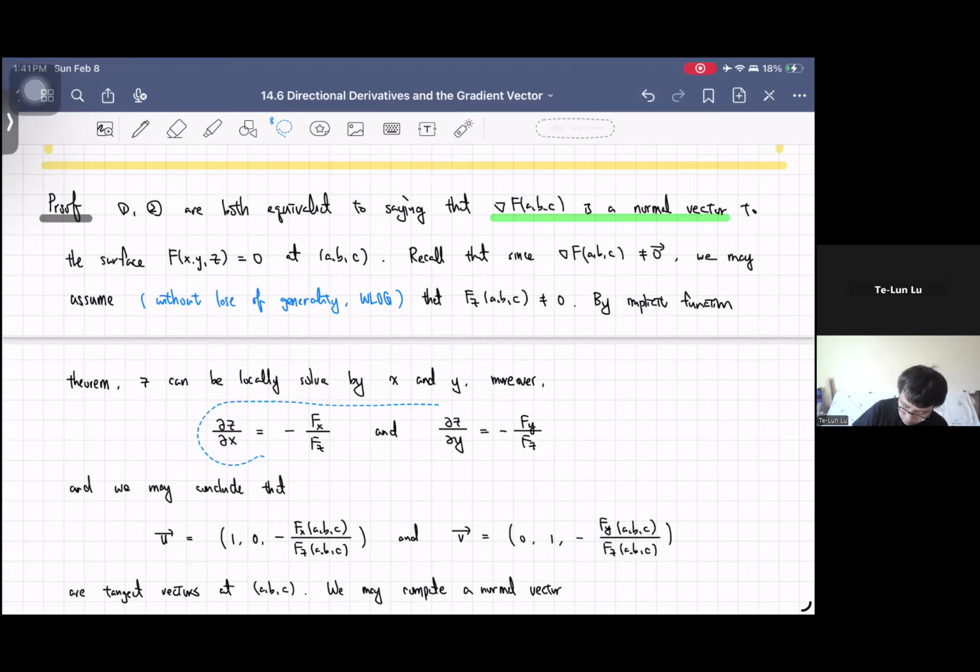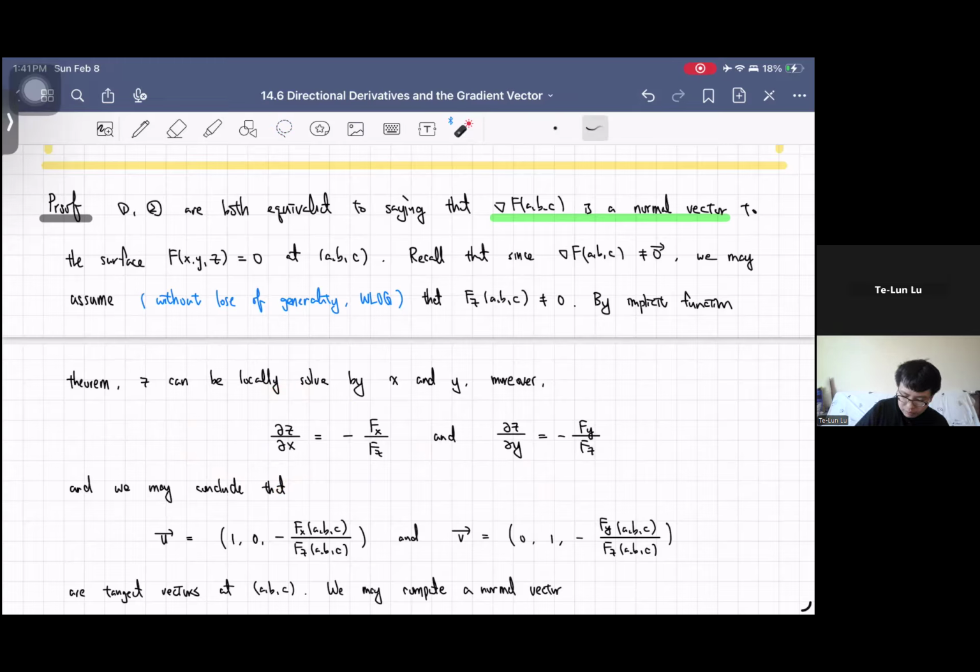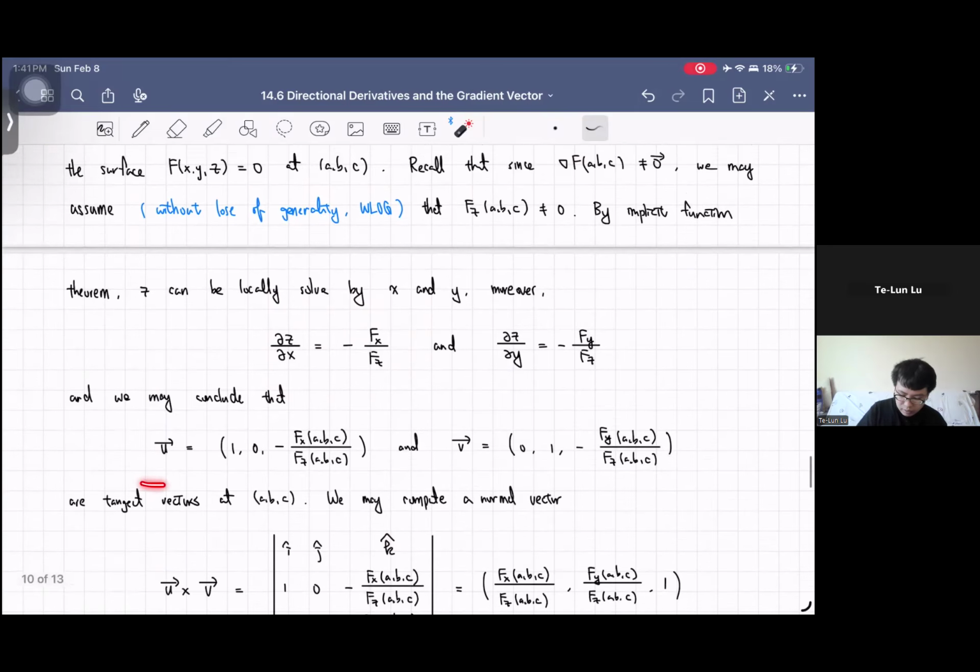Okay, so how does that help us? So we know that as a function, this means that the rate of change of z with respect to x is this guy where y is not moving, right? That means that this is a tangent vector, (1, 0, minus this guy).